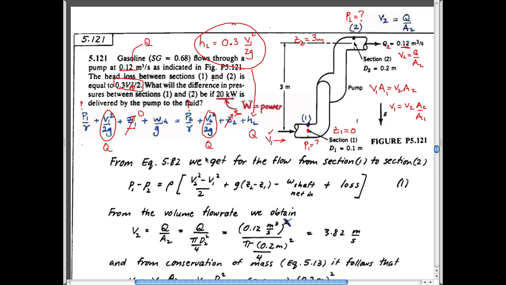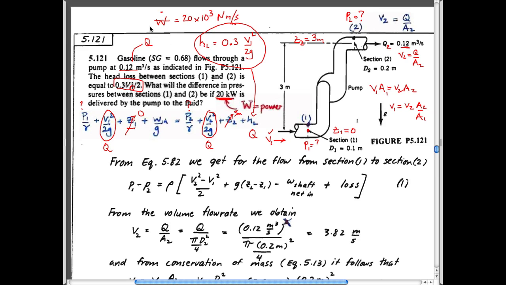And what else do we know? We know the amount of work done for our pipe pump. So in our terminology, uppercase W dot is equal to 20 times 10 to the 3 watts. Newton meter per second. Right?